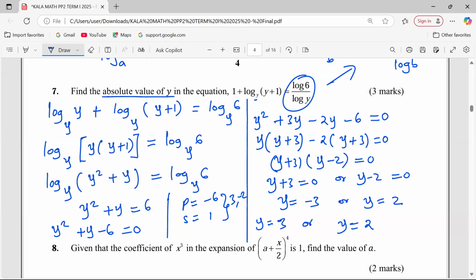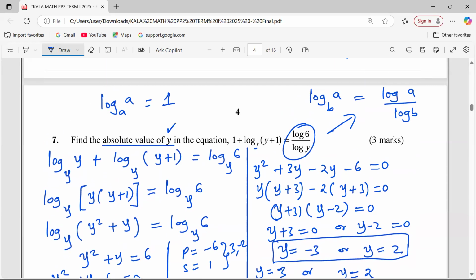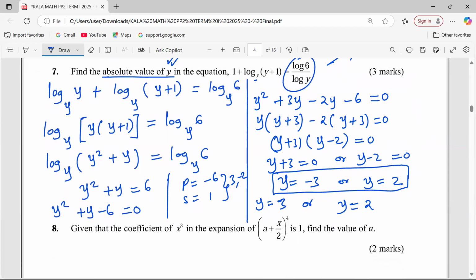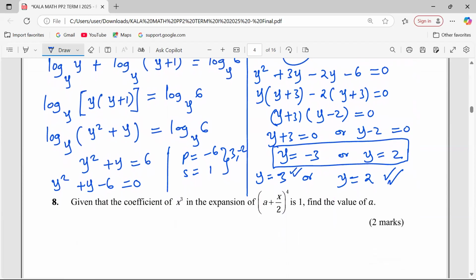These are the values of y according to the equation that you've solved. But now we just need the absolute values of y. So the absolute value of y means that y can either be 2, or with negative 3, we take the absolute value, which is 3.